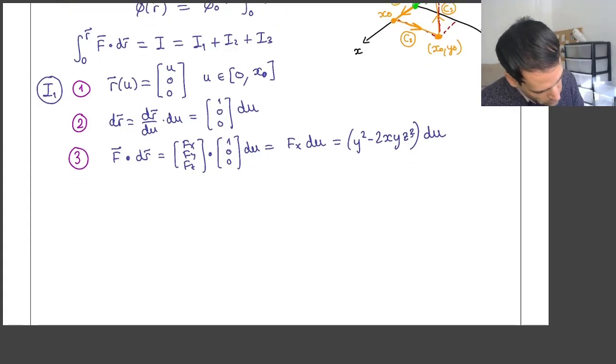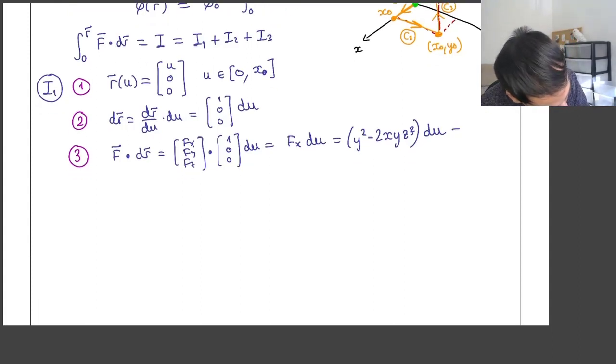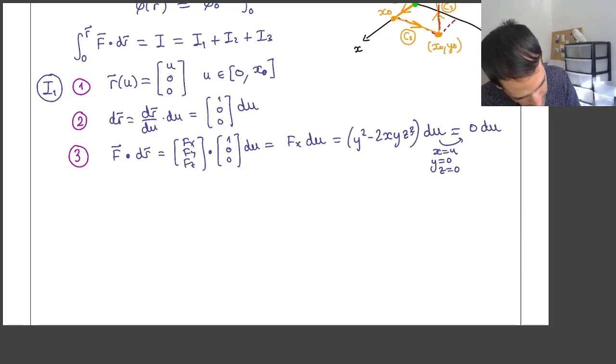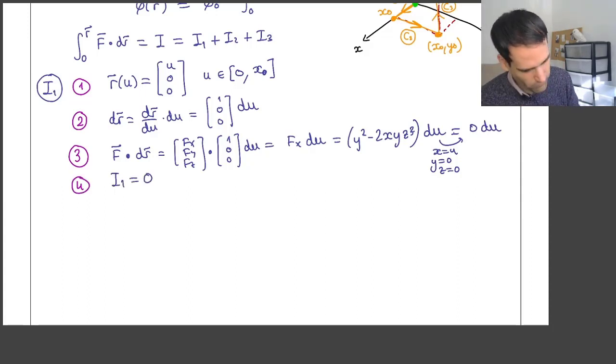So we substitute x equals u, y equals 0, and z equals 0, because in this path you see that y is 0 and z is 0. And therefore our result is 0 minus 0, 0 du, such that the integral is going to be 0.